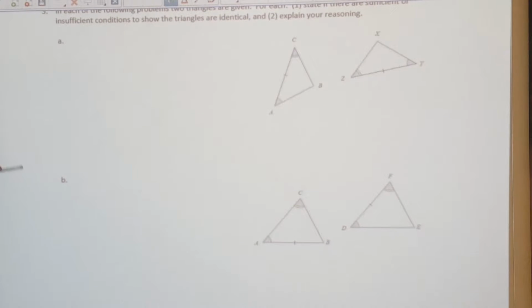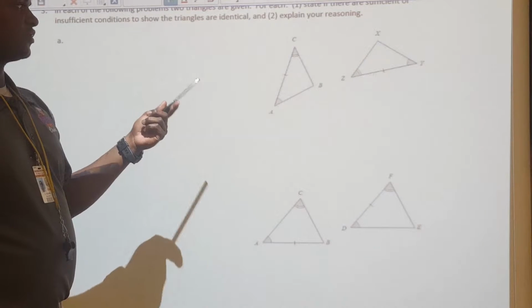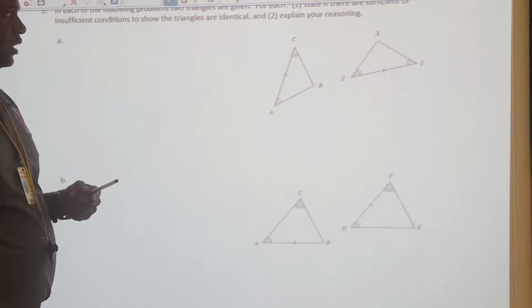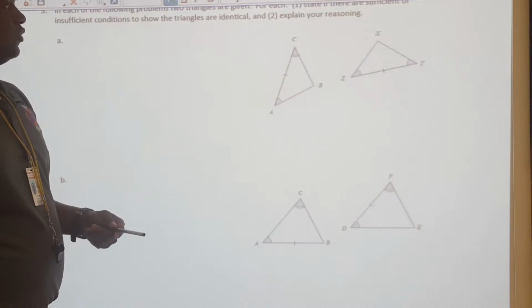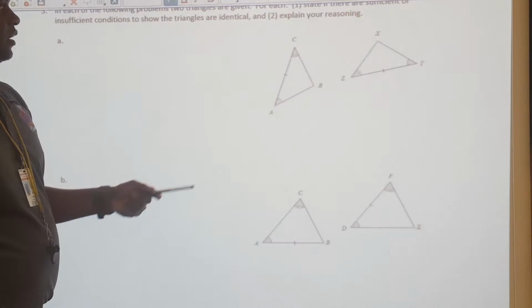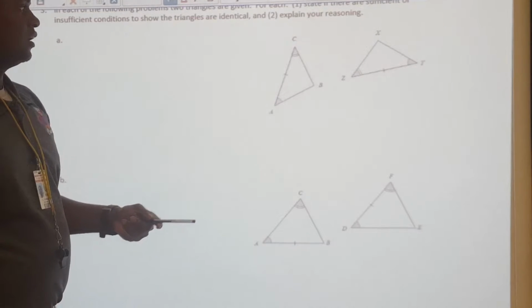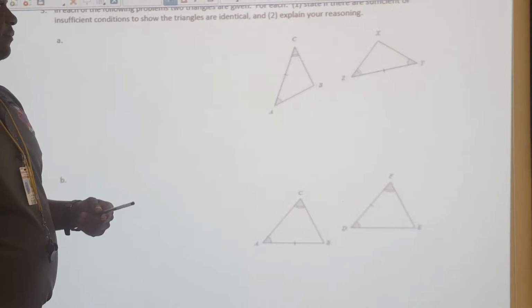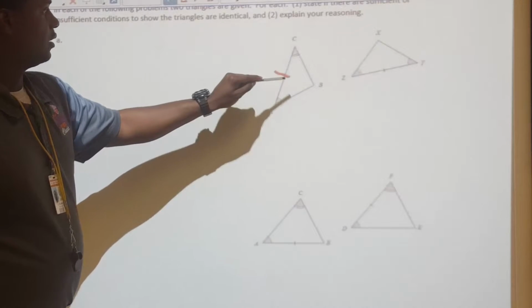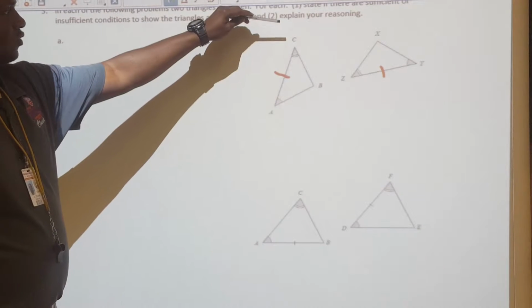Let's talk about angles. Triangles can be identified by size or shape. On these two, you see that they have two angles and one side. So we have to identify the base. We go straight line.